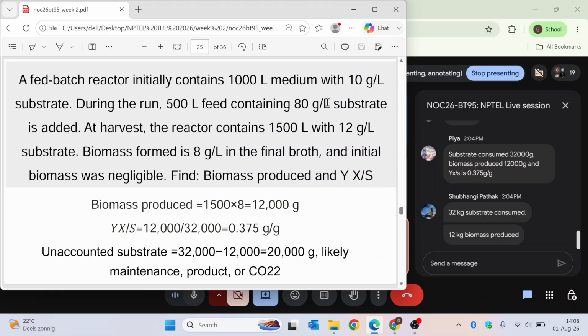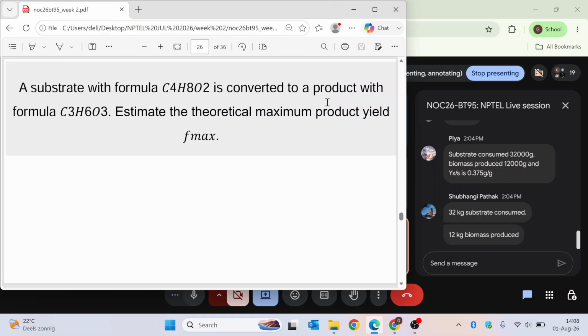I haven't told the entire story here, so there might be production of some other product. Apart from the biomass, we can have some kind of alcohol or acid production. There can be maintenance, or simply it can be converted into CO2 itself. So you have unaccounted substrate, and it can be going to any of the streams.